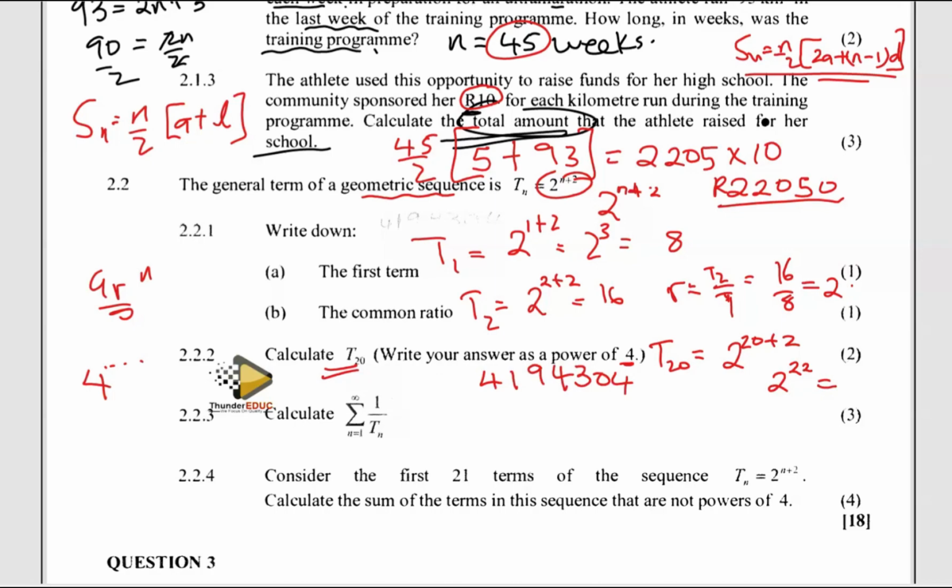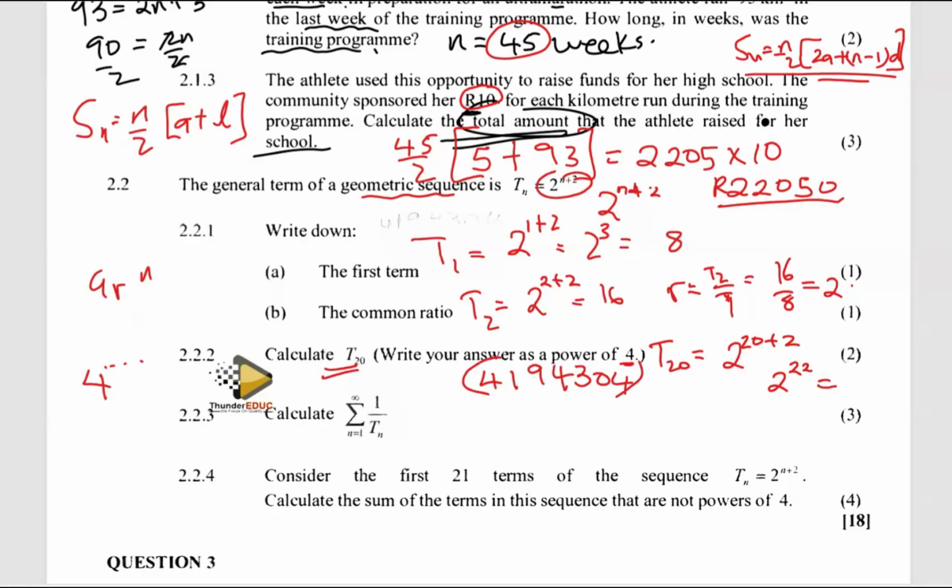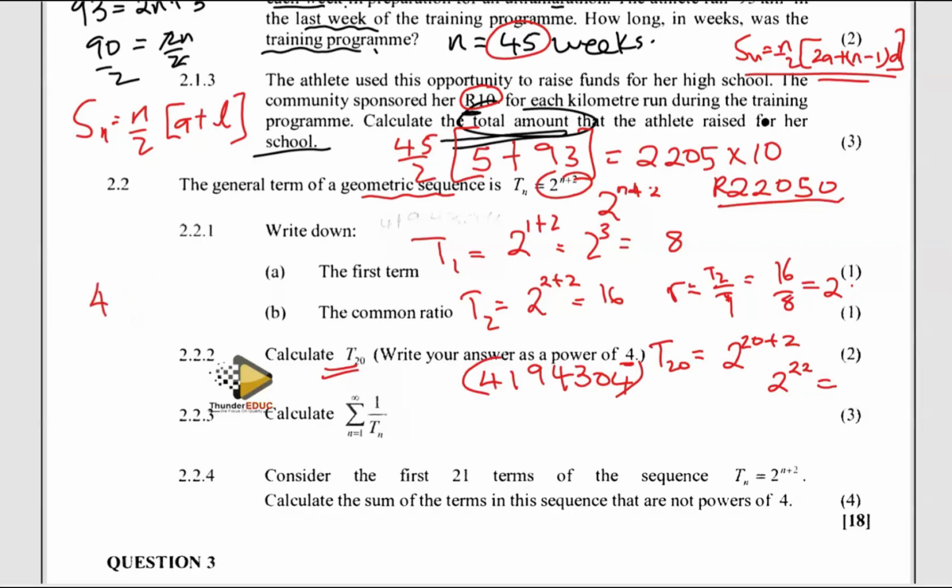Okay, so I can use logs to do that. Let me just erase this and show people. So we're saying we have 4 to an exponent that we don't know should give us this answer, which is 4194304.